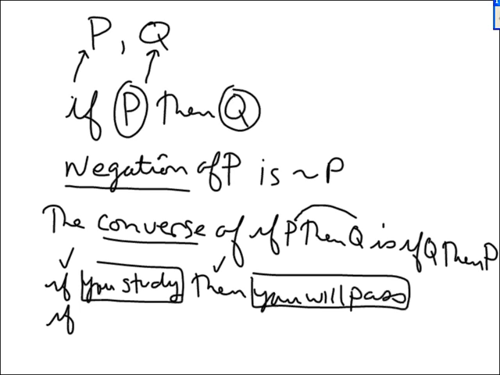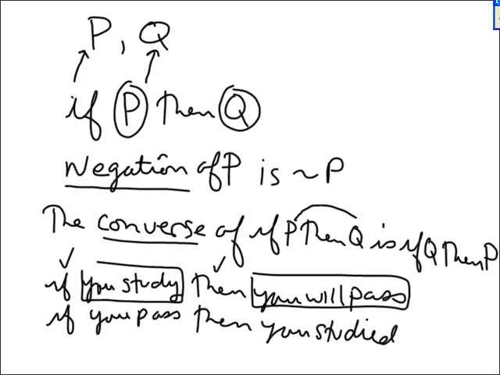Now, must it be true that if you pass, then you studied? That would be the converse. The answer is no. You can pass by not studying. Maybe you cheated and you passed. Maybe you're just really bright and you don't need to study and you pass.